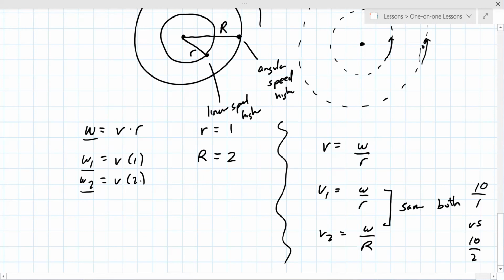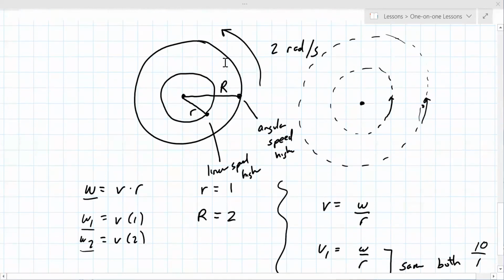And over here, we're trying to do the same thing. If r goes from 1 to 2, what happens? Well, V1 is bigger because V2 is divided by 2. So you use the numbers to help you make these decisions. It's very hard because you're used to just having numbers, but these are conceptual exercises. So the second bicycle wheel has a higher angular speed?